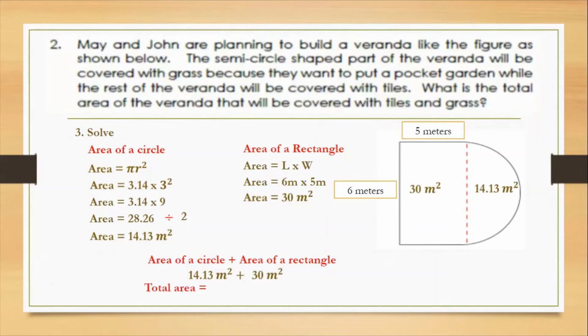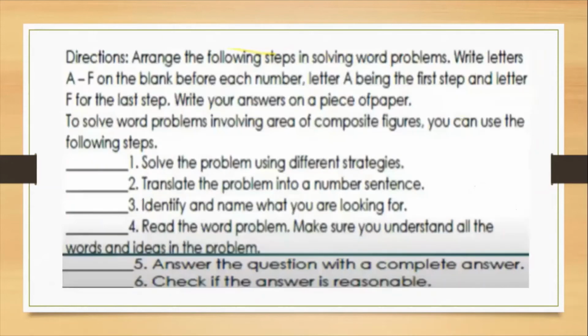Then we got a total area of 44.13 meter squared. So for May and John, the total area of their veranda is 44.13 meter squared.